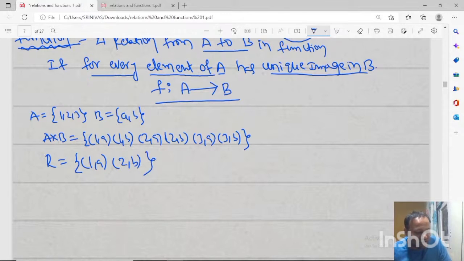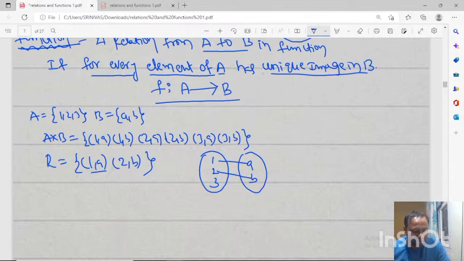Is it called a function? Check. I will check by this arrow diagram. 1, 2, 3, a, b. 1 is related to a and 2 is related to b. Is it a function?